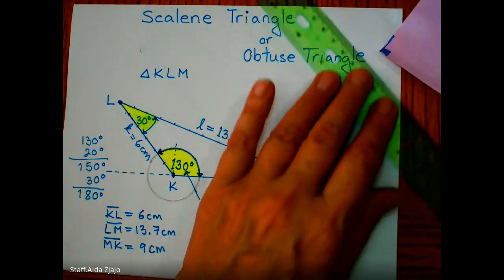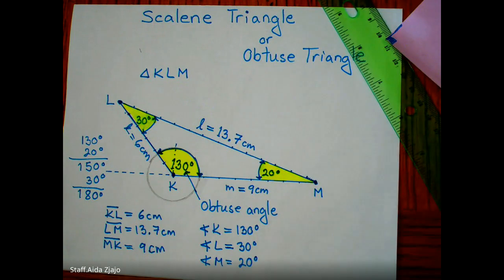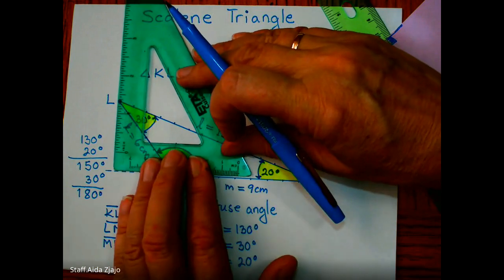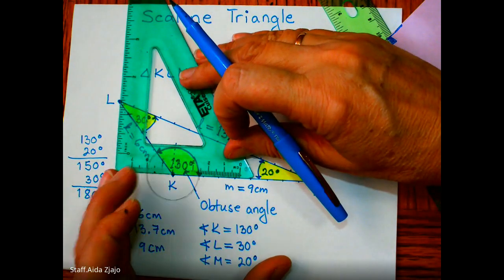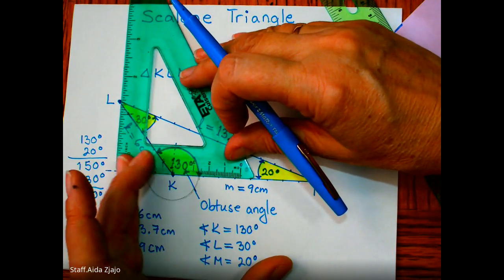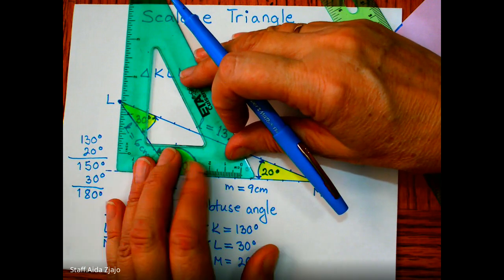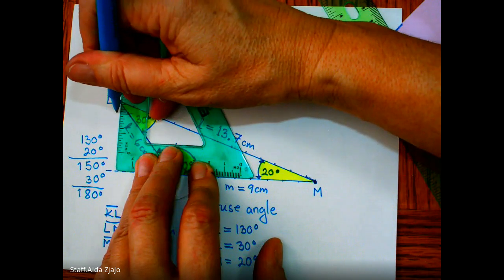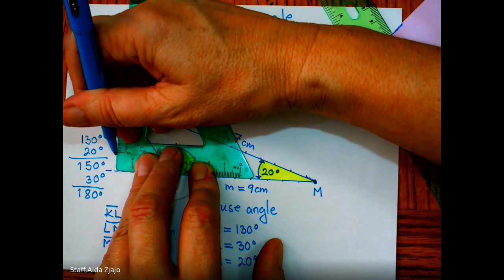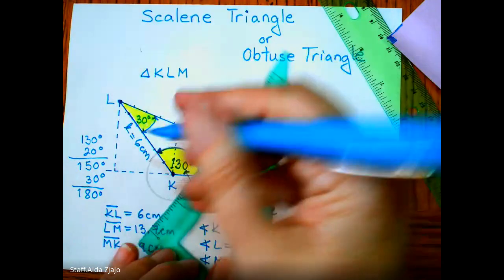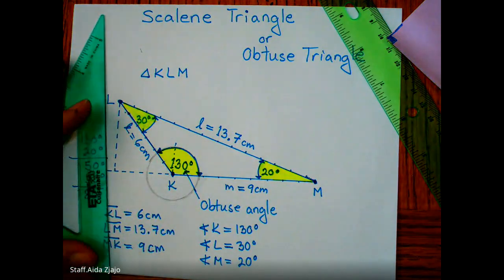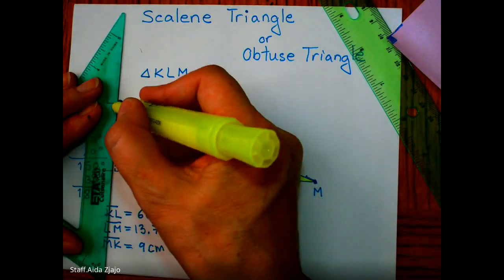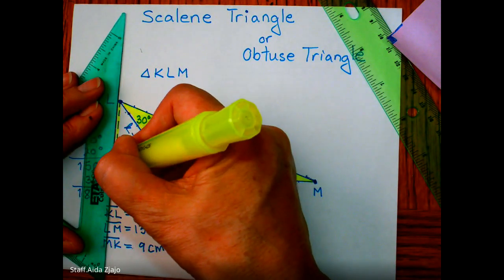We can use our small triangular ruler to help make those dashes from L down to the extending line KM, and we can see that this line is our height.